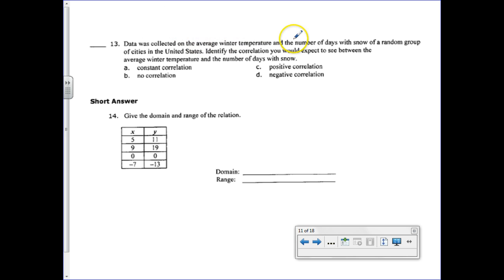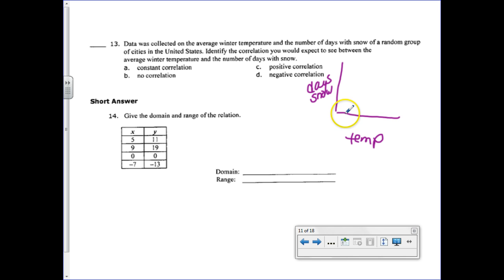Data was collected on the average winter temperature and the number of days with snow of a random group of cities in the U.S. What correlation would you expect to see between the average winter temperature and the number of days with snow? Well, think about it. If I put the temperature here, and I put days with snow here.